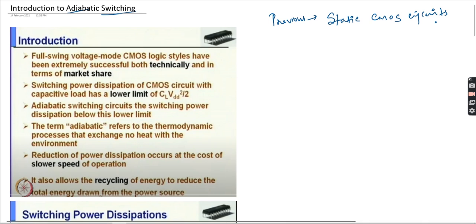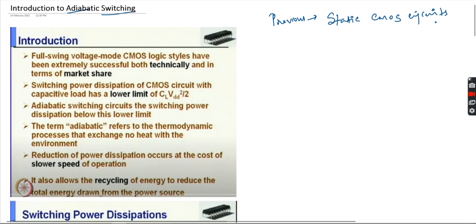In these we have also seen that all the circuit nodes make a rail to rail transition from 0 to VDD for each switching event, and the supply voltage VDD remains constant.